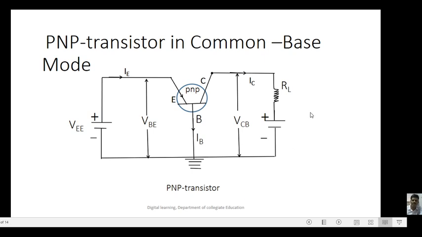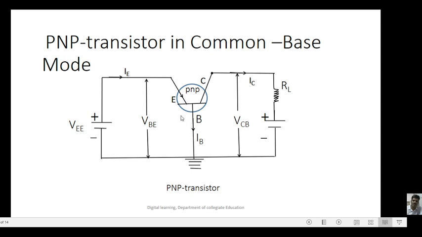PNP transistor in common base mode. Here also the transistor symbol is just reversed. E is the emitter, and the arrow mark indicates that the electrons flow into the transistor. In the PNP transistor, the base is common to both the input and output devices.